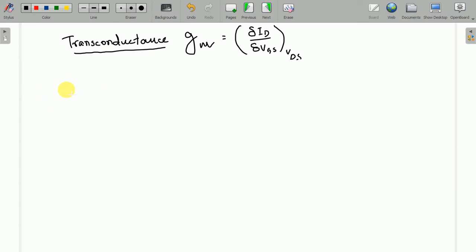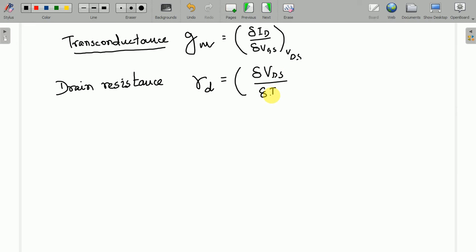The second one is called drain resistance. This drain resistance is denoted by RD, and is given by delta VDS divided by delta ID when VGS is kept constant.